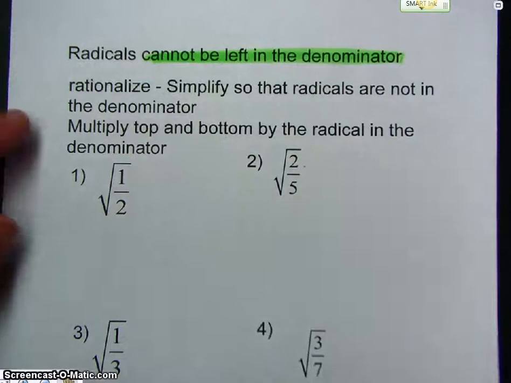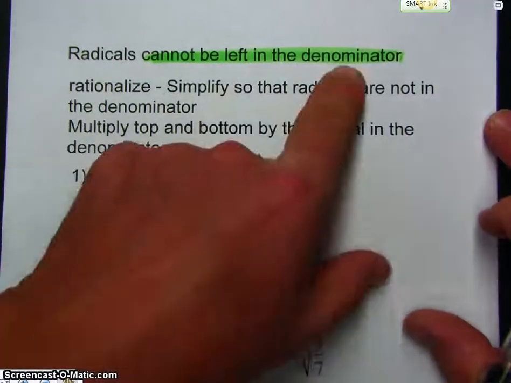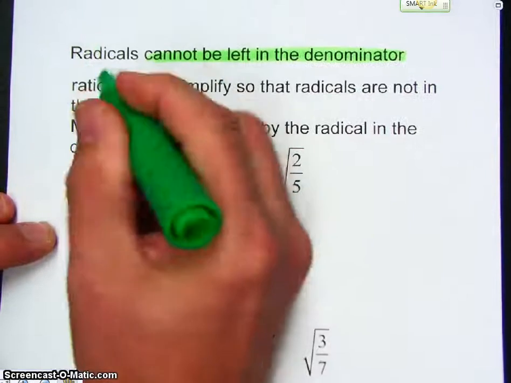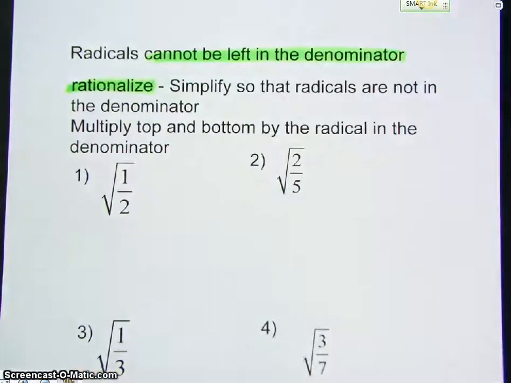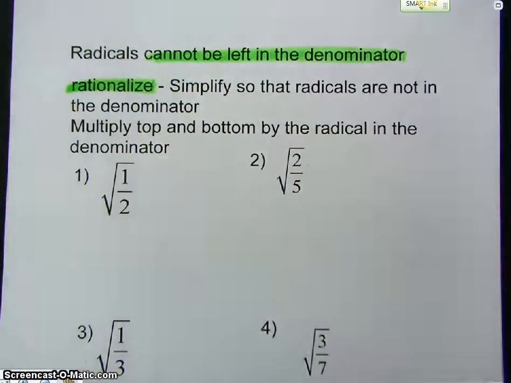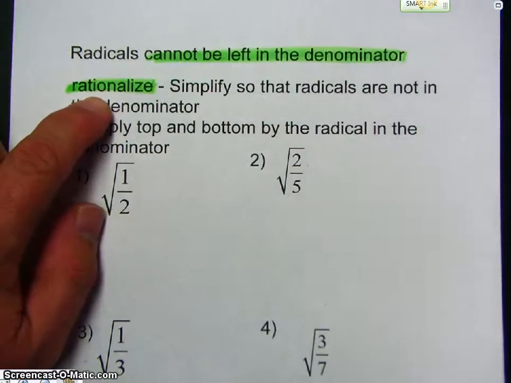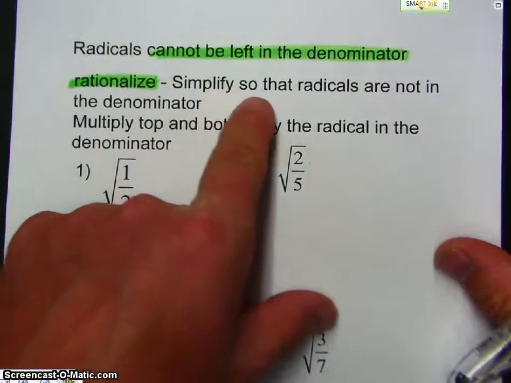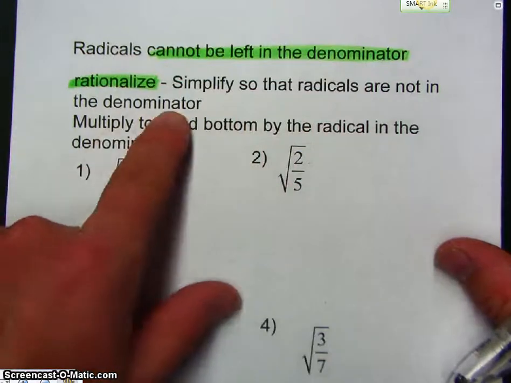So when you do have a radical in the denominator, you have to rationalize. Rationalizing the denominator is a process. It says here, simplify so that radicals are not in the denominator.